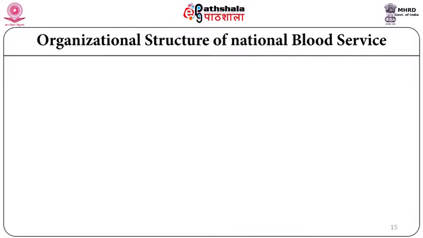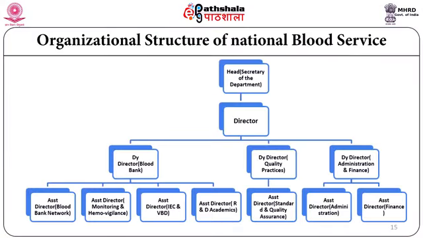I would like to roughly take you through the organizational structure of a national blood service. The leader of this entire team is the head or the secretary of the department, followed by the director. He in turn is followed by the deputy directors of the blood bank, of quality practices, of administration and finance, which are all essential.